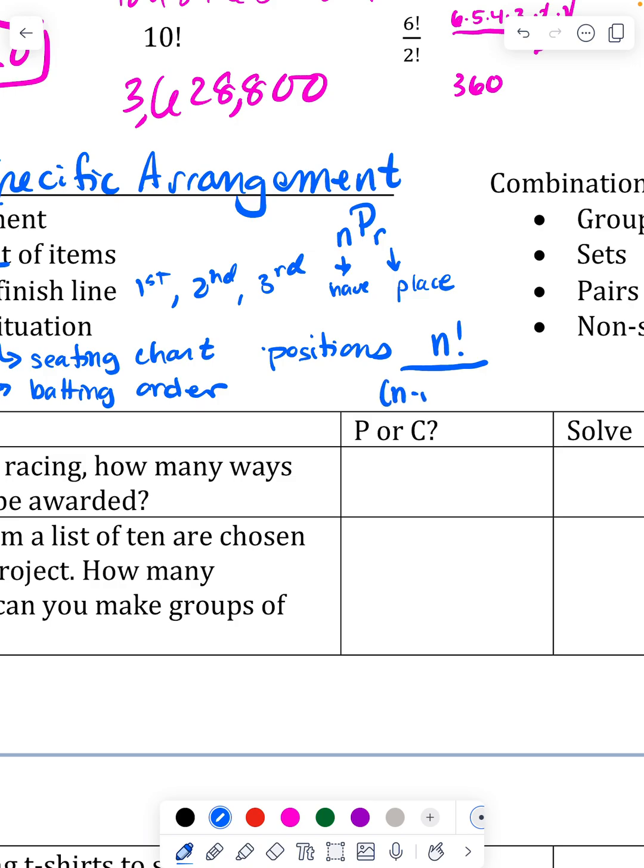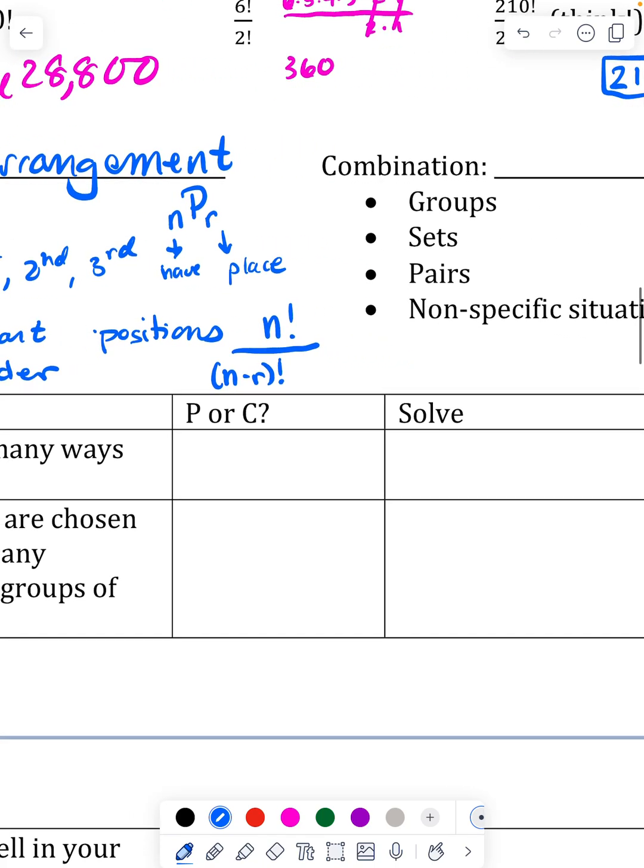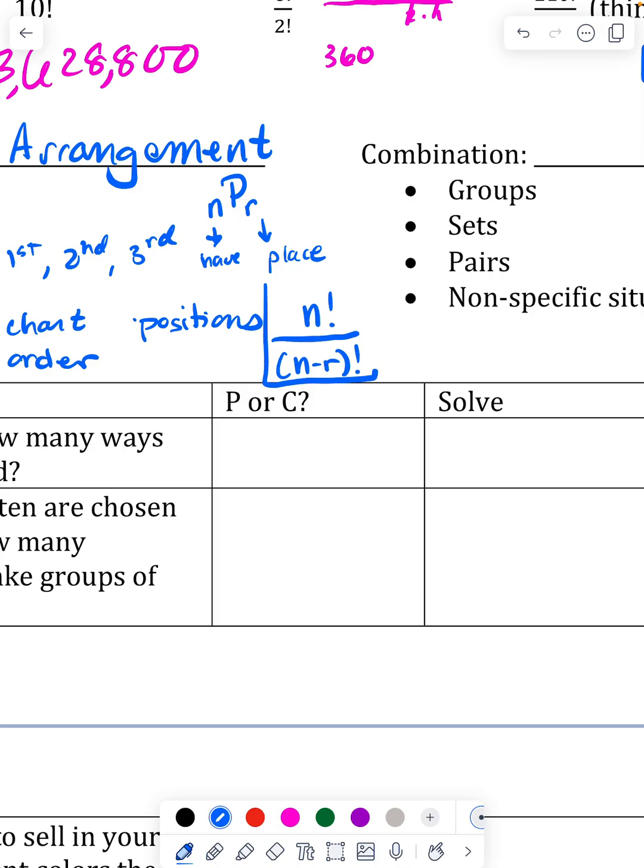Then you take n minus r and do that factorial, and you're done. Sorry, I made that weird and want to move that over. Okay, so that is going to be our formula, or we're going to be able to find this on our calculators and use that for when it's a permutation.